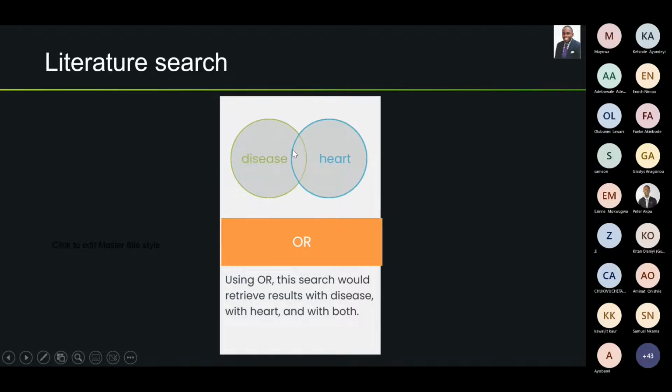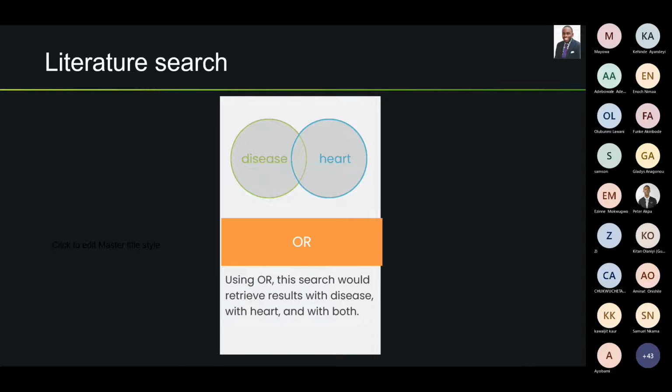You can see here, this one is disease and heart. When you type in the database disease OR heart, the result you expect to get is all articles that deal with the disease and all articles that deal with the heart together. They just join, it's an expander, it expands it together.